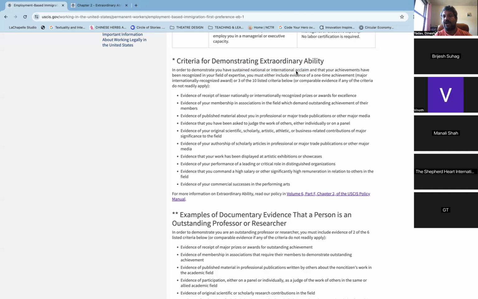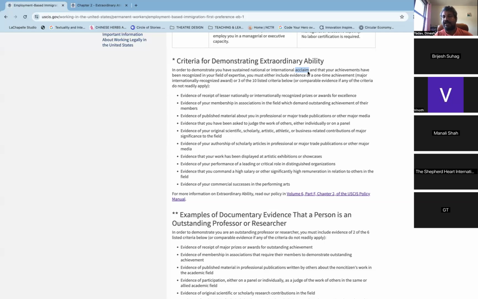Now, when it comes to acclaim, that's again a very interesting word to understand. If you look at the qualification, it clearly states that either you have achieved those, like a Pulitzer or Nobel Prize, or fulfill these three. So when it's acclaim, that means it is not asking you to provide something like your Nobel Prize, but something which can tell that you have progressed in your field.